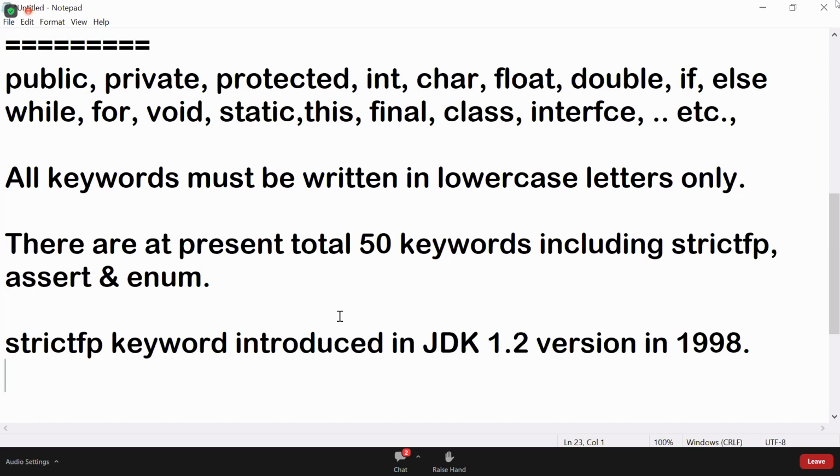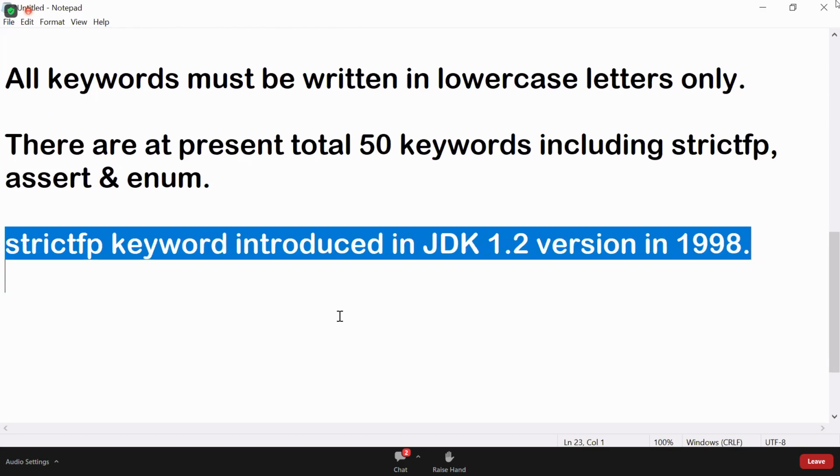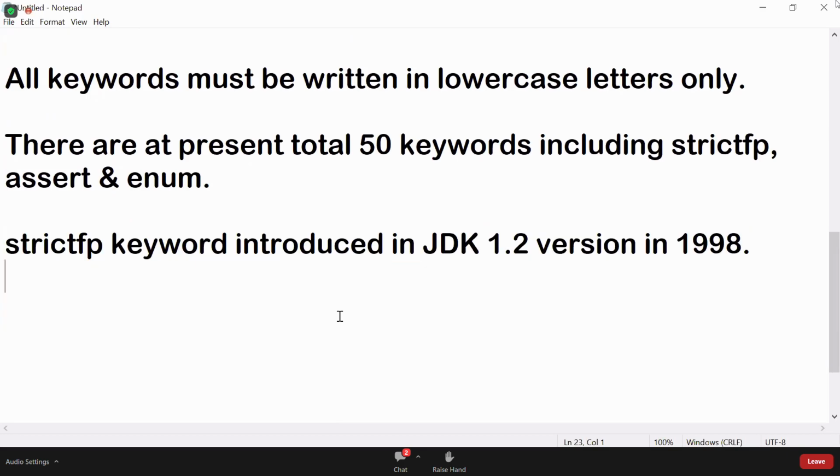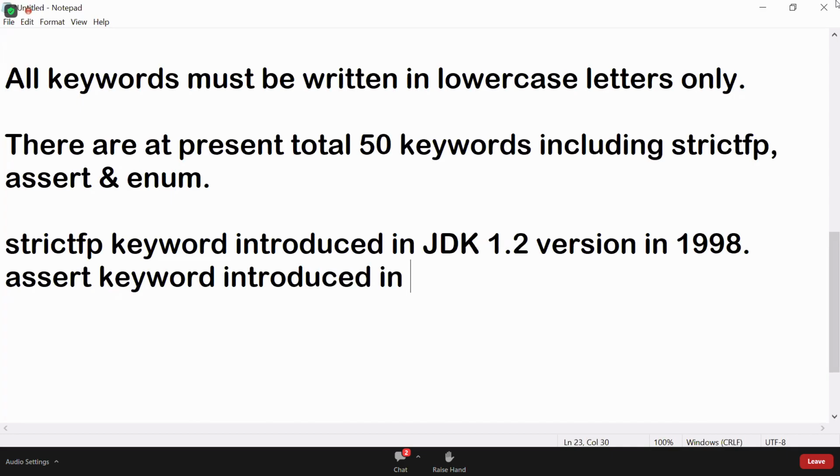Okay. See, strictfp keyword was introduced in JDK 1.2 version in 1998. Next, assert keyword was introduced in JDK 1.4 version in 2002.